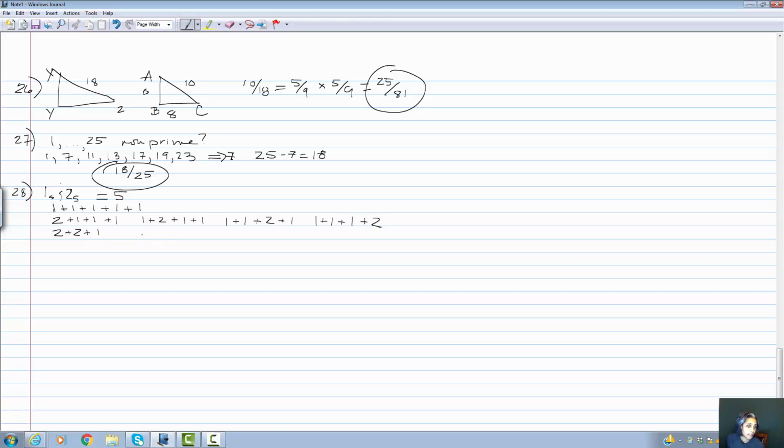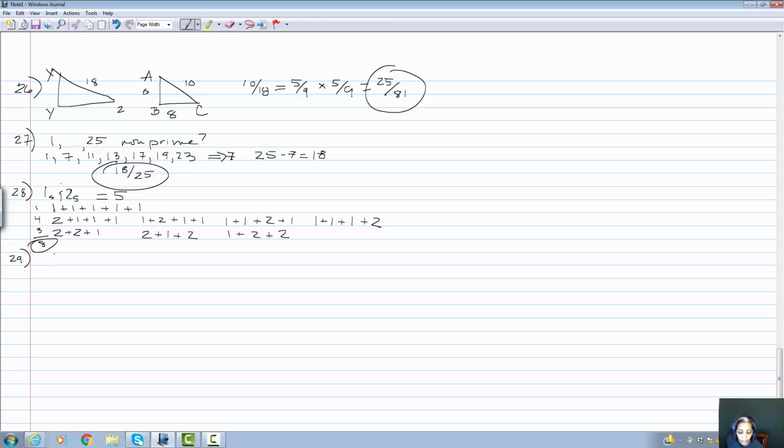And the same thing down here: 2 plus 1 plus 2, and then 1 plus 2 plus 2, and I think that's it. So there's one of these and 4 of these and 3 of these, that makes 8 combinations.